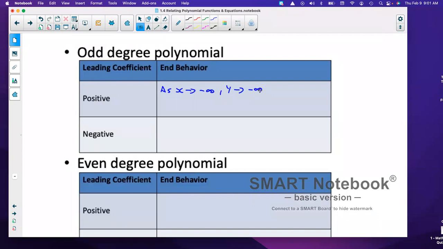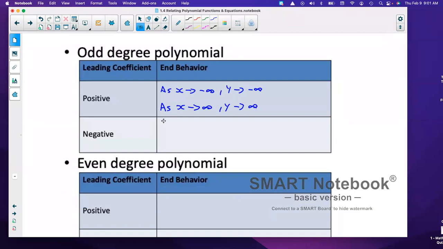So it's going to be down towards the bottom of our graph. Now, as we go to the right side of our graph, so as x goes towards positive infinity, y increases, so it goes towards positive infinity.